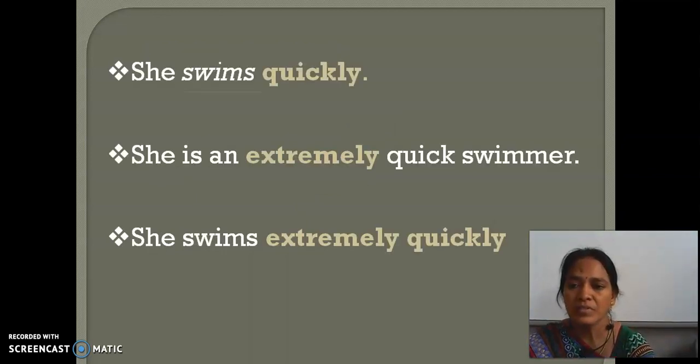Some more examples. She swims quickly. She is an extremely quick swimmer. She swims extremely quickly. I have just given you a slide with a slight change. Please write it and tell me which is a verb, which is an adverb, which is an adjective, and what is beautifying the what, which is giving you the additional meaning.